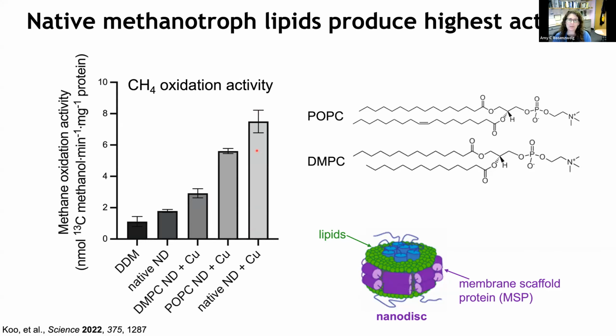And what he found was that that actually gave the best methane oxidation activity. So putting it back in a membrane mimetic environment with some lipids from the native organism helps with the activity. And so at this point, we thought, okay, maybe we can finally get a structure of the active PMMO, because we knew that you can actually use cryo-electron microscopy to characterize membrane proteins and nanodiscs.